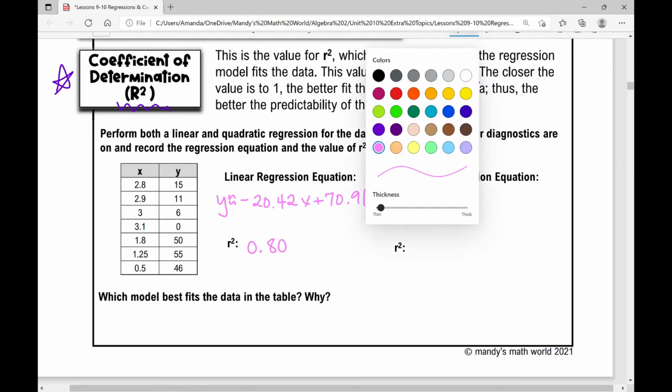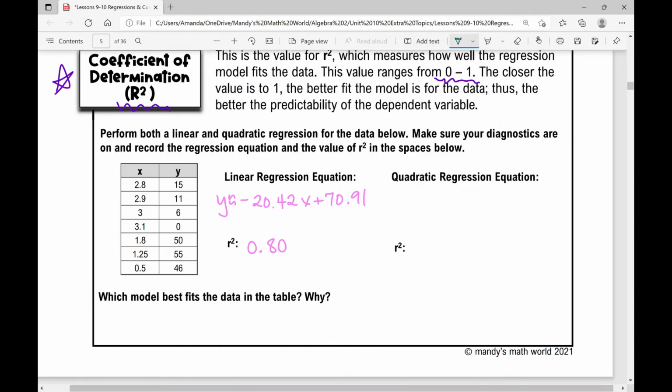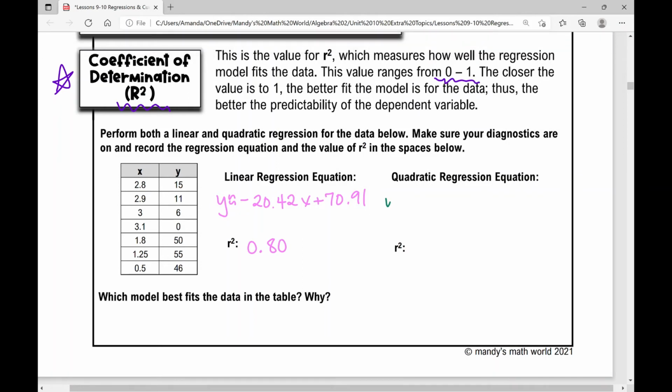Our quadratic regression equation was y is approximately negative 15.9 times x squared plus 39.4x plus 30.4, and I'm just writing this down because I want to make sure that you wrote it in your notes correctly, and the r value was 0.999.